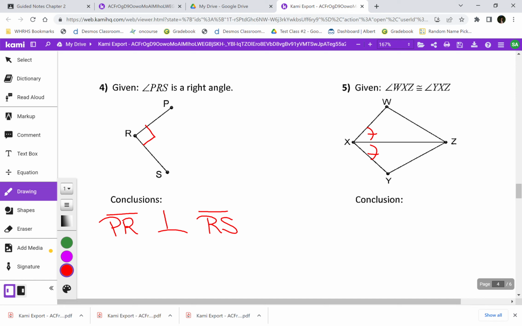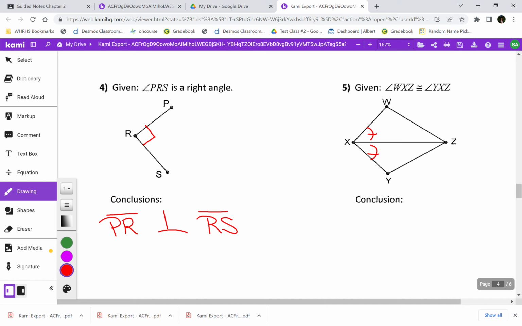Angle WXZ has the same measure as angle YXZ. If they're congruent, well, yeah, they have the same measure, but that wasn't the best conclusion. Good try, though.